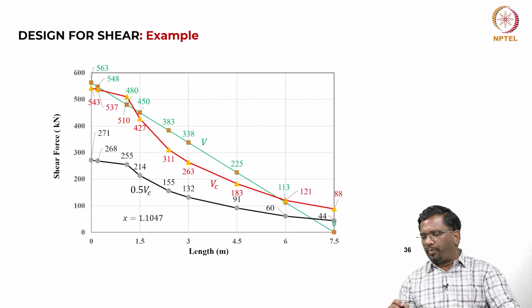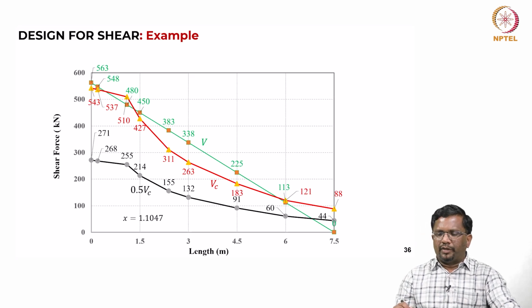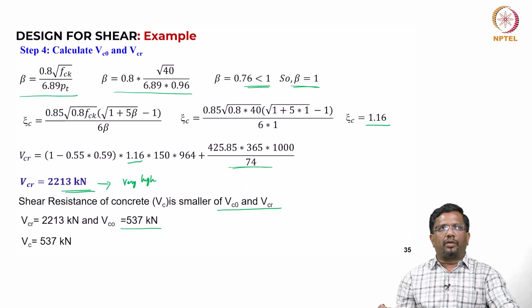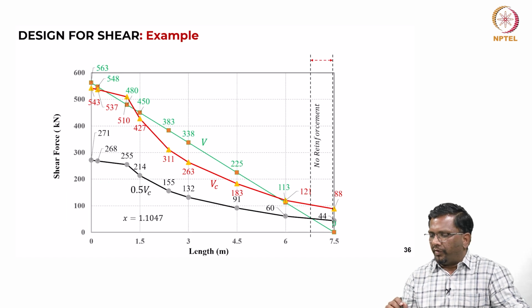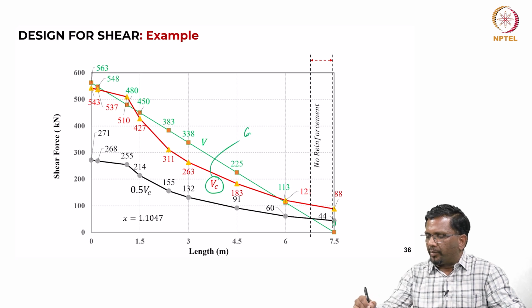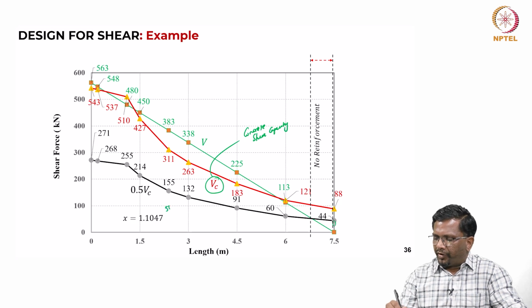And you see here, when we plot these things, this is your shear demand, okay. So this is your 563, 543, all those things. Okay, sorry. You see, now when we plot this, we are plotting multiple things. So this is VC, which is your concrete shear capacity, and this is 50% of concrete shear capacity.